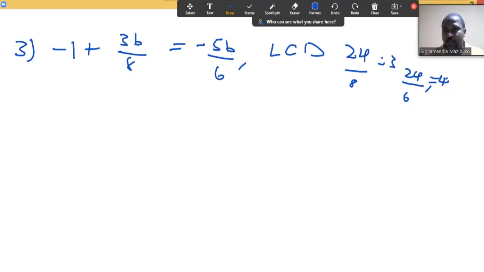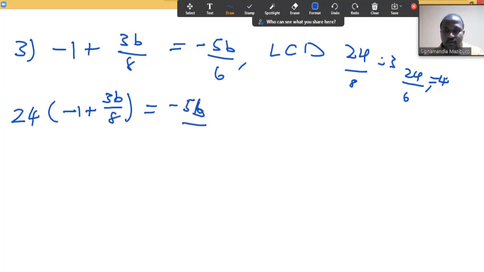We will be multiplying by it, so we have 24 into minus 1 plus 3p all over 8 is equal to minus 5p over 6. Then there is nothing but to multiply by 24.